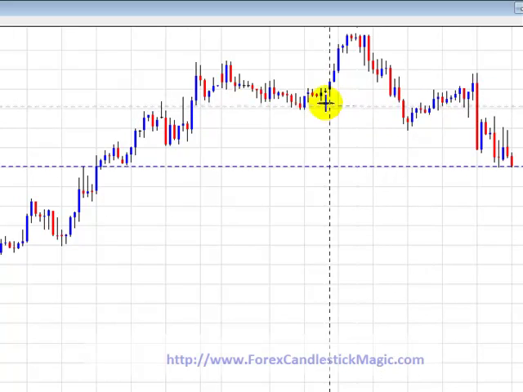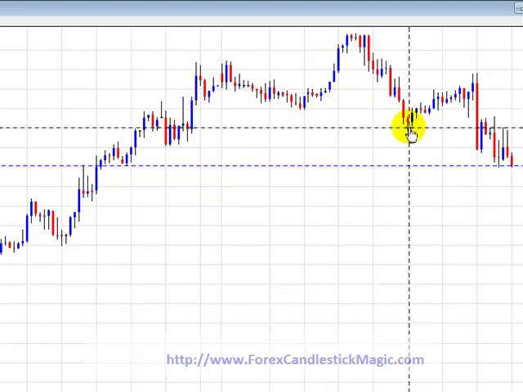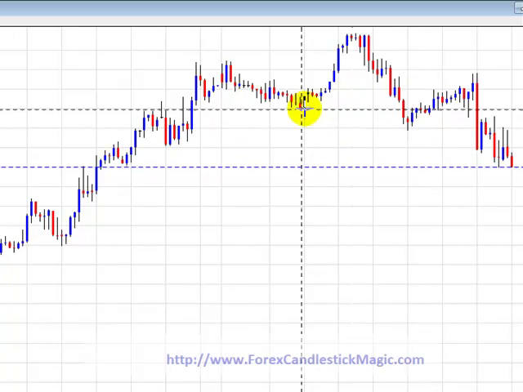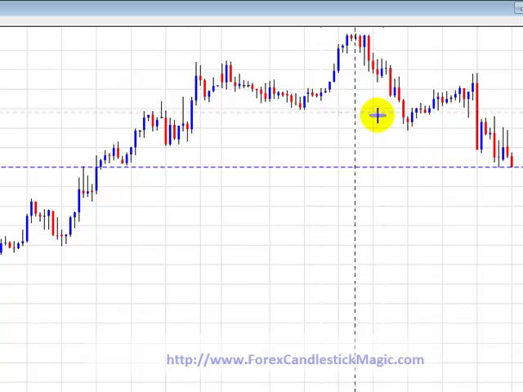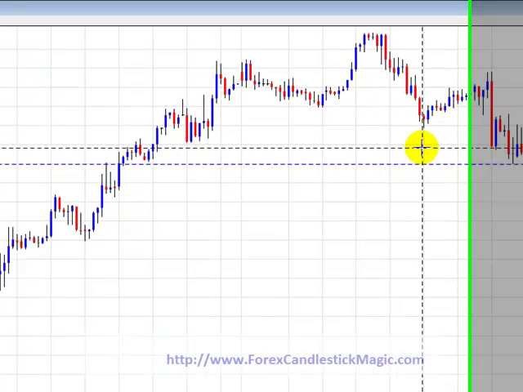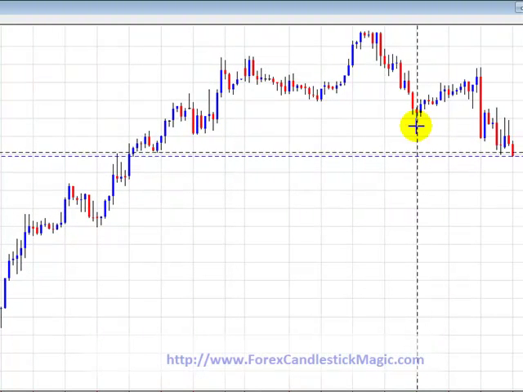I would say if this neckline is at 1.6448 and this one is at 1.6426, or I think 21, it's hardly a difference of 25 pips. If the neckline, for example, had come down here, then I would be more inclined to say that this may not be a true setup. But 20-25 pips on a 1 hour chart is quite okay.